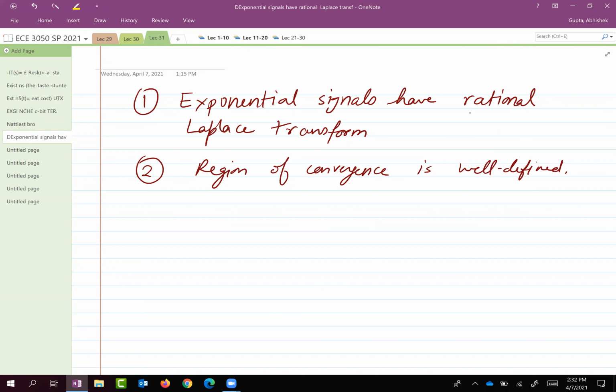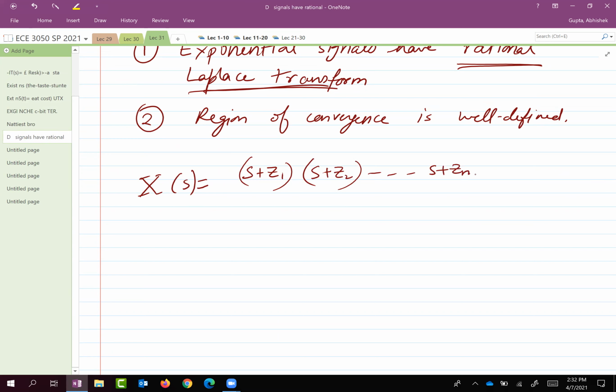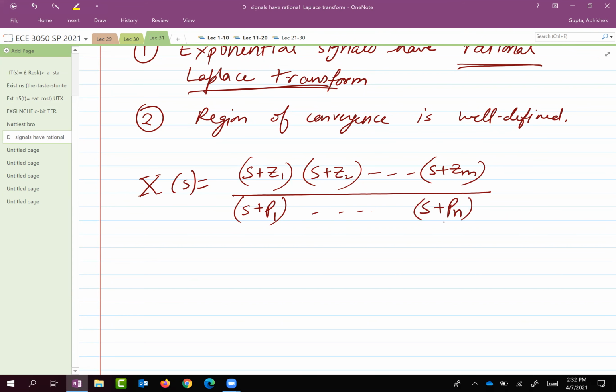So whenever we talk about a rational Laplace transform, you can typically write it in the following form. X of s would be s plus z1, s plus z2, s plus zm over s plus p1, s plus pn.